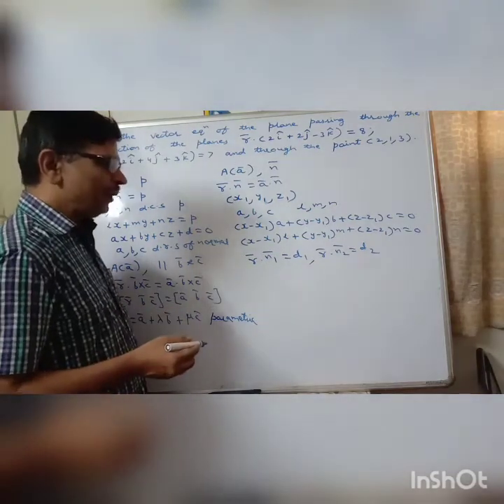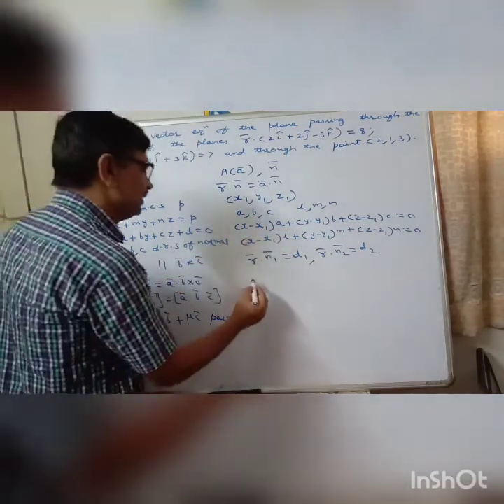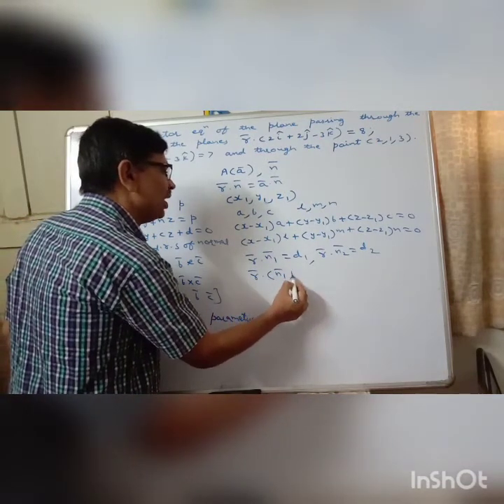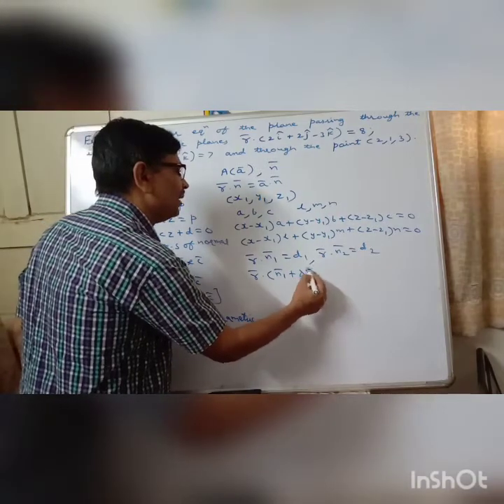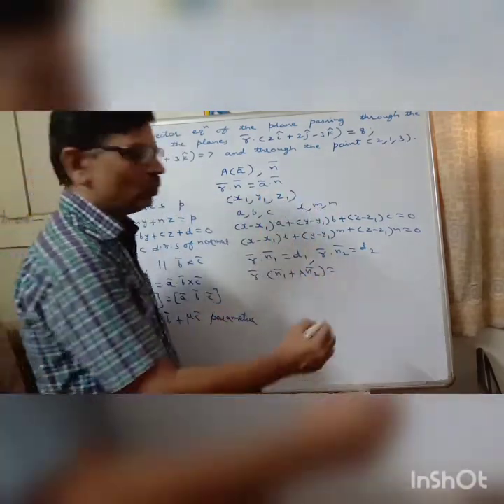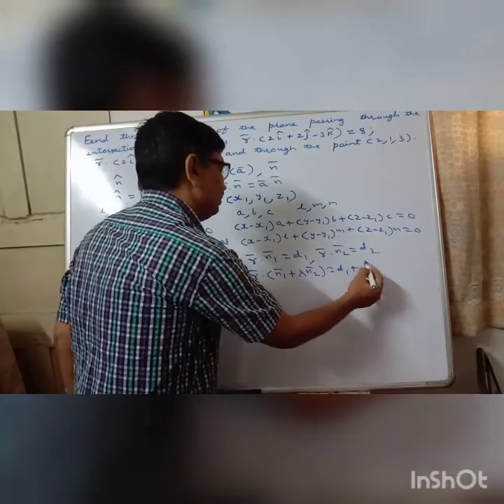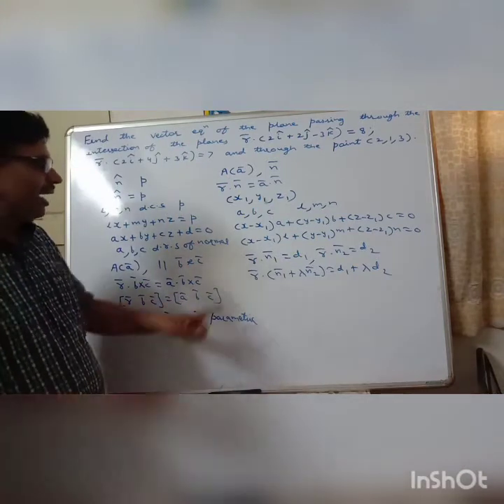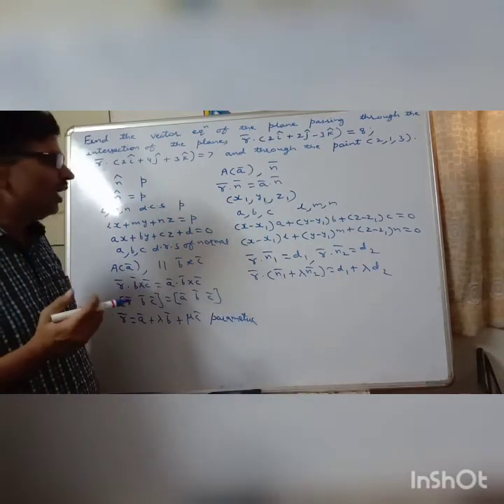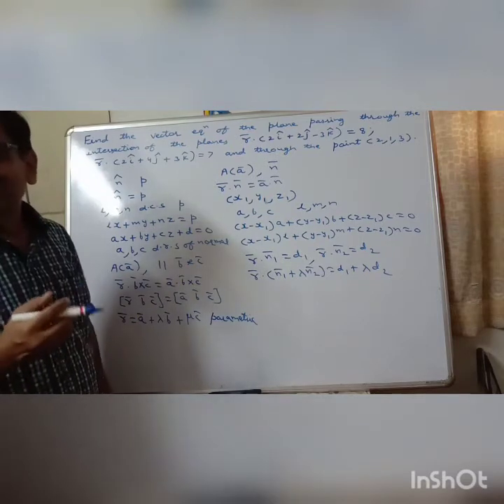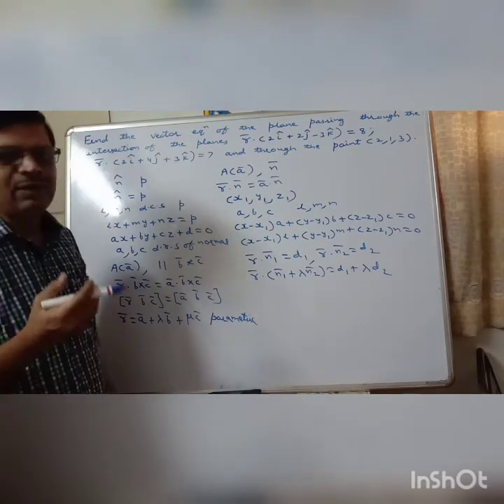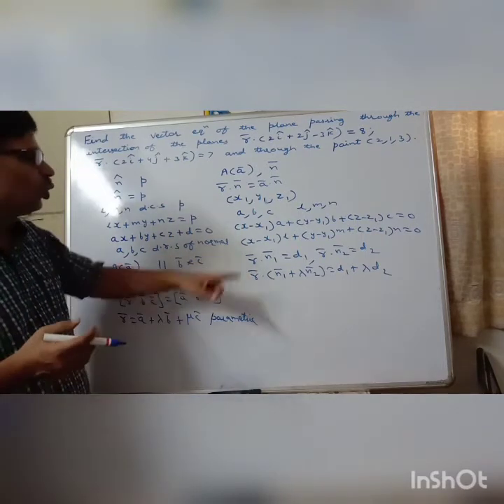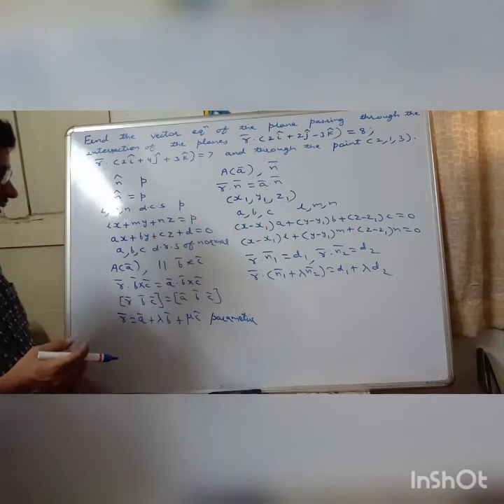Then equation of plane passing through intersection of these two planes, R bar dot (N1 bar plus lambda N2 bar) equal to D1 plus lambda D2. For every real value of lambda, we get one plane, and lambda can have infinite number of real values. So we get infinite planes passing through intersection of two planes.